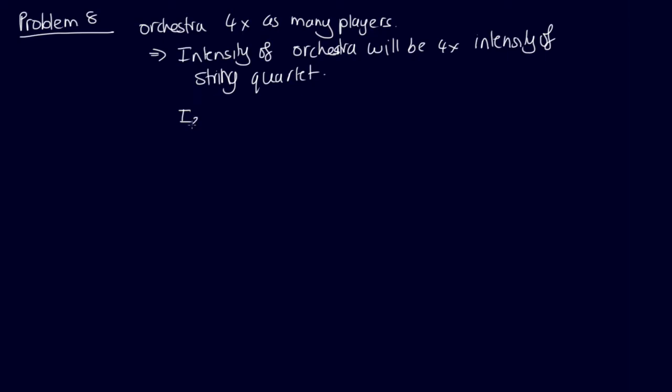Or let's say I2, this is the orchestra because it's the second one mentioned, is 4 times the intensity of I1, the string quartet. And the question says, how much higher would you expect the sound level to be?